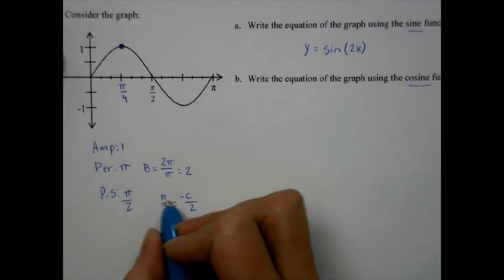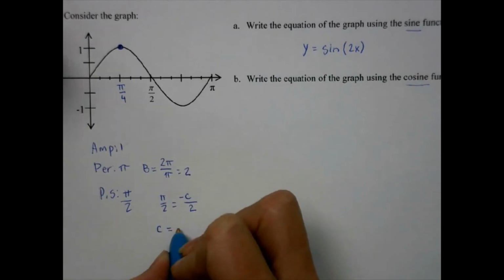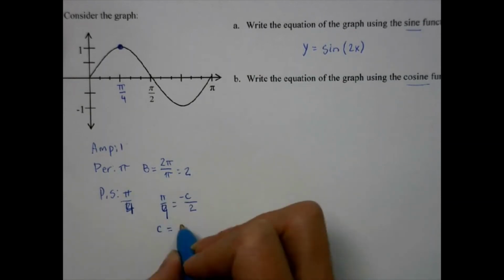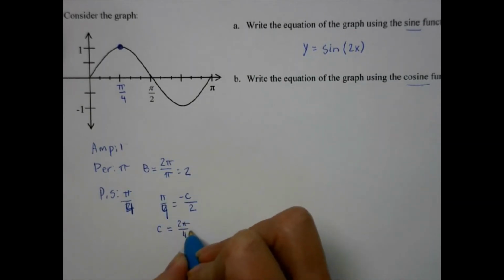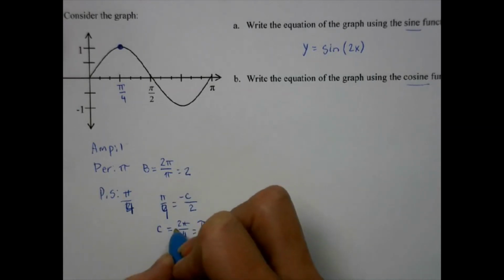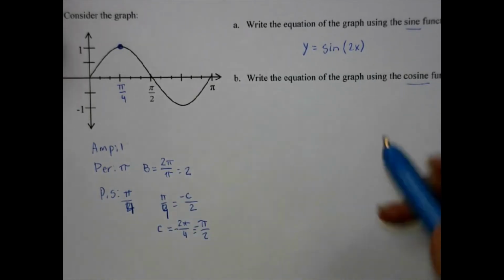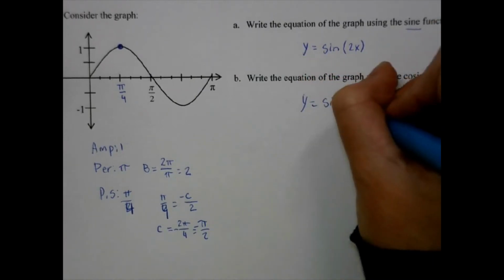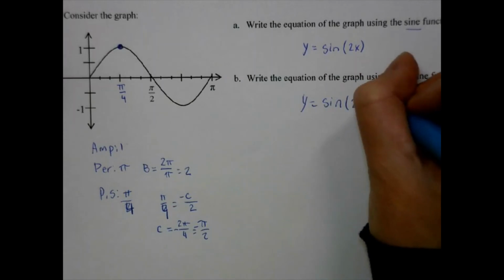So if I multiply over 2, my c is going to be negative pi over 2. So this will be y equals sine 2x minus pi over 2.